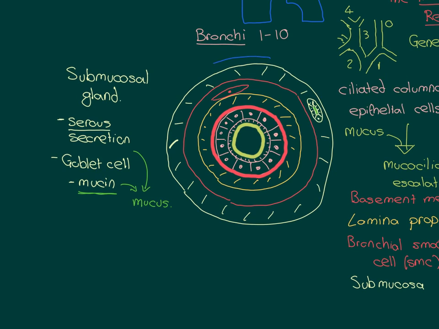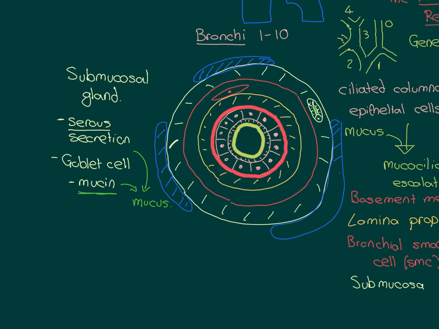Or great big plates of cartilage is probably a better term to use. So this structure that I'm drawing here in blue is representing a cartilaginous plate. Here is another cartilaginous plate here, and then we'll have another one over here.